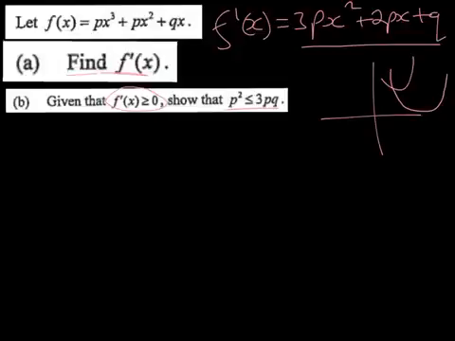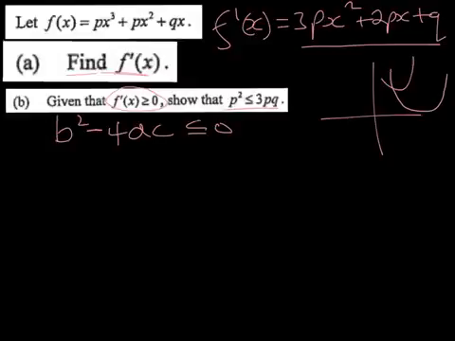So in terms of the discriminant, if we take our discriminant, b squared minus 4ac, we can understand from this sketch here that our discriminant must be less than or equal to 0.